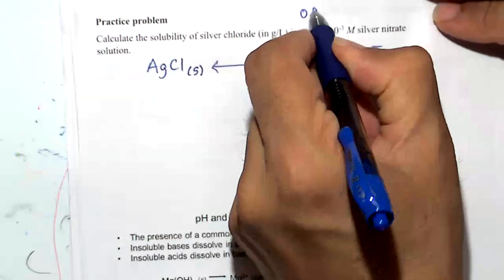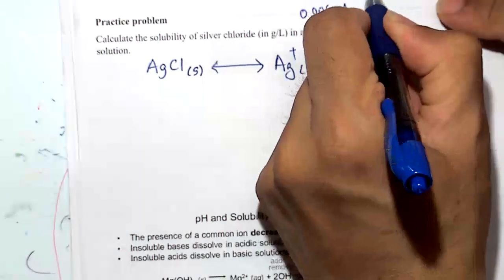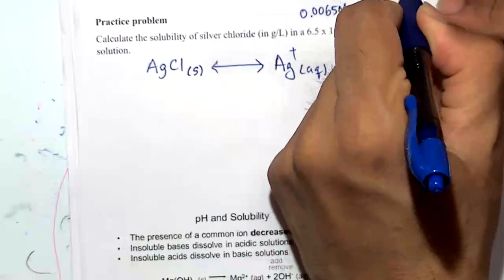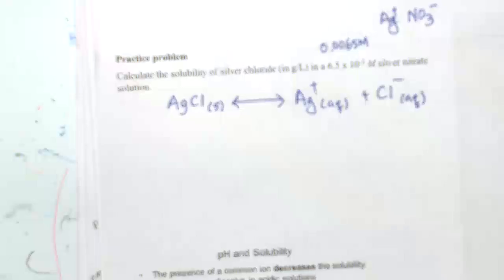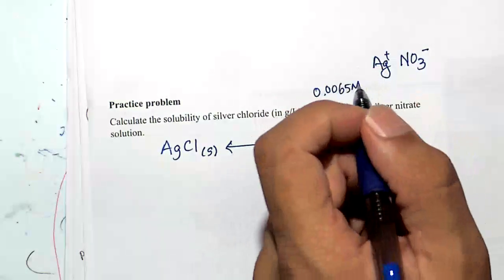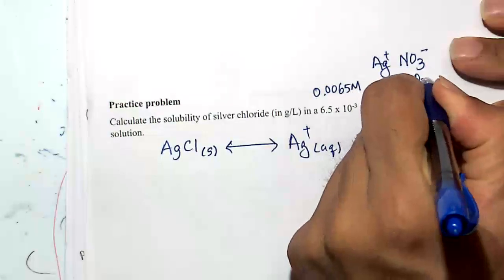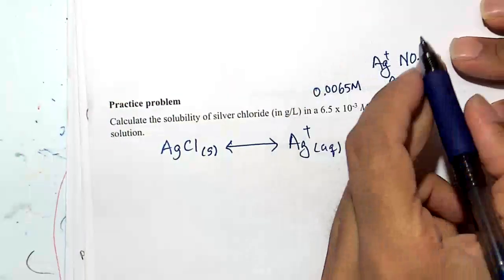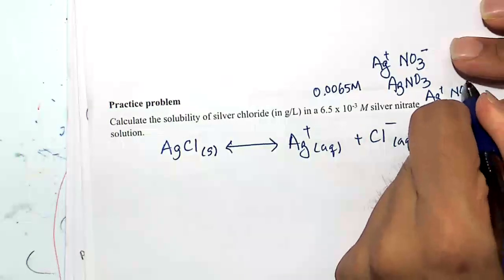This is in 0.0065 molar silver nitrate. If you remember from Chem 1, nitrate is NO3-, so this becomes AgNO3. But all nitrates are soluble, so this is Ag+ and NO3-.